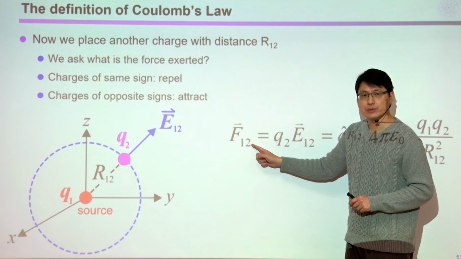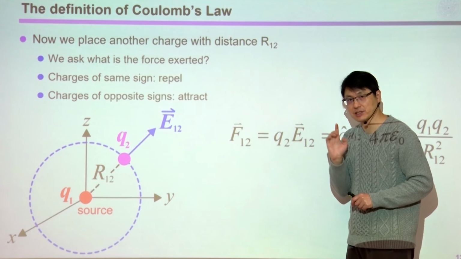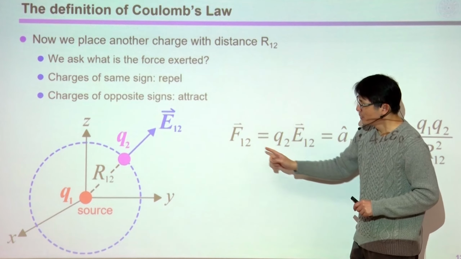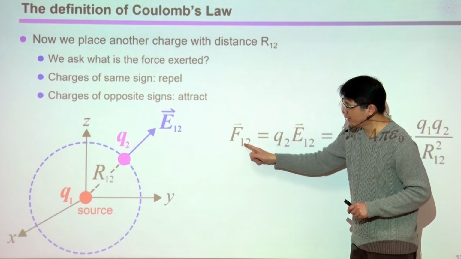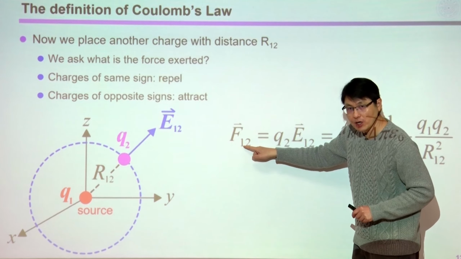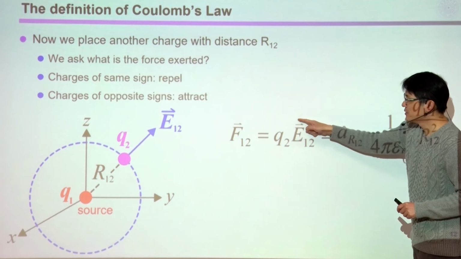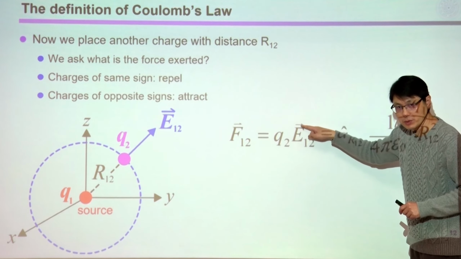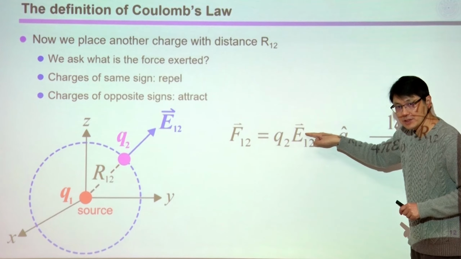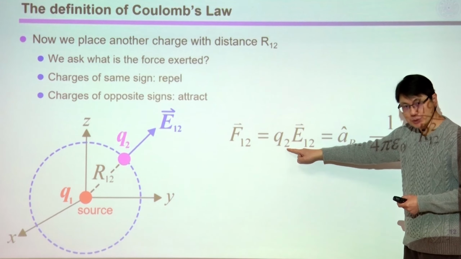Force F12. Listen carefully how F12 is defined. Having a subscript of 1, 2 means charge number 1 is setting up its field distribution to give a force on charge number 2.